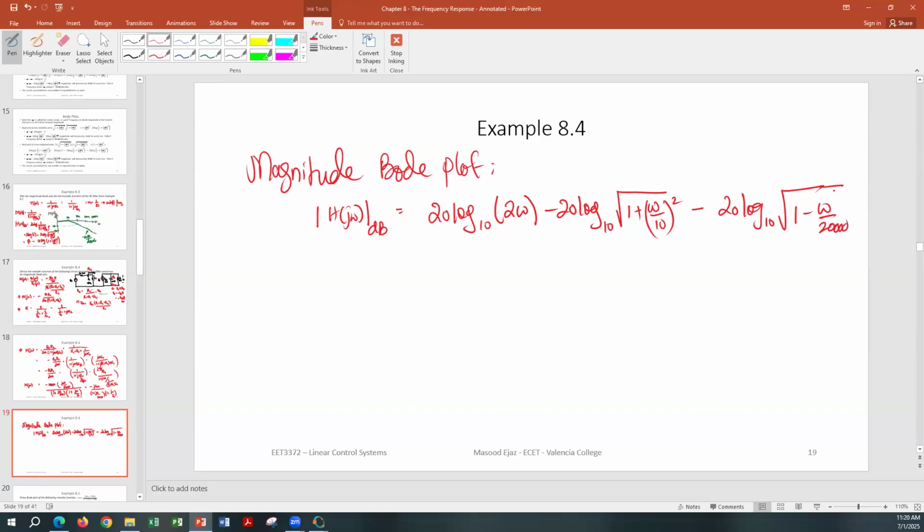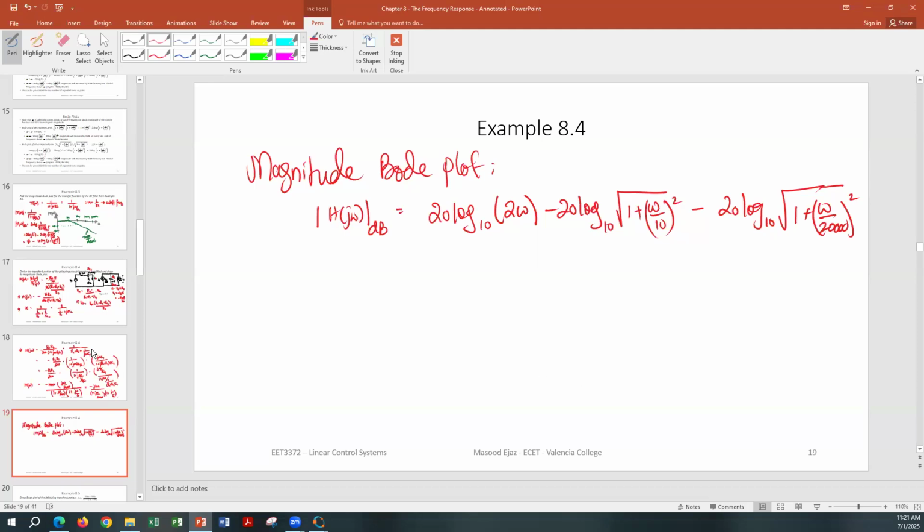That's my equation that I'm going to be using to plot the Bode plot. Square, yeah, for both of them, because they are poles, they're in the denominator.